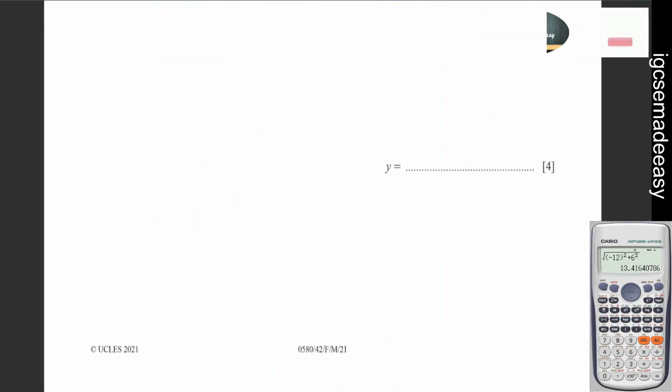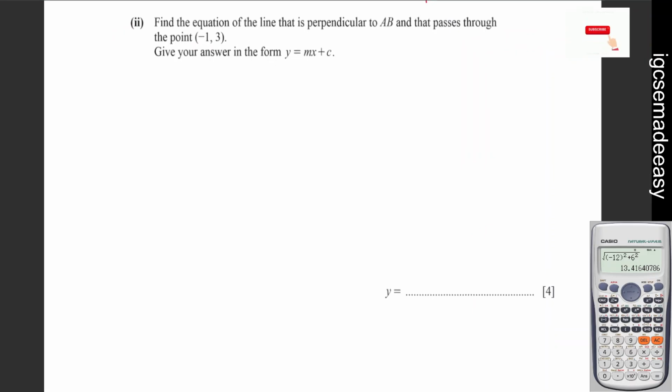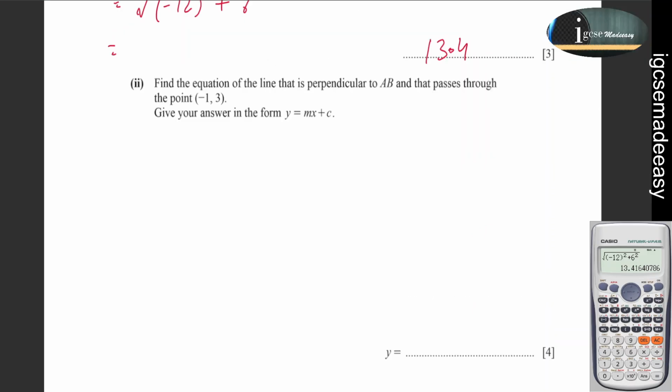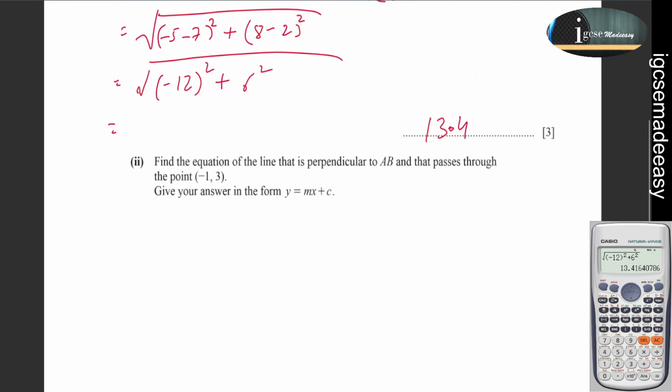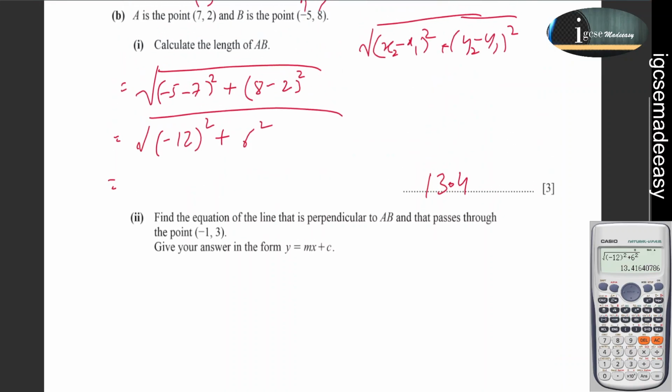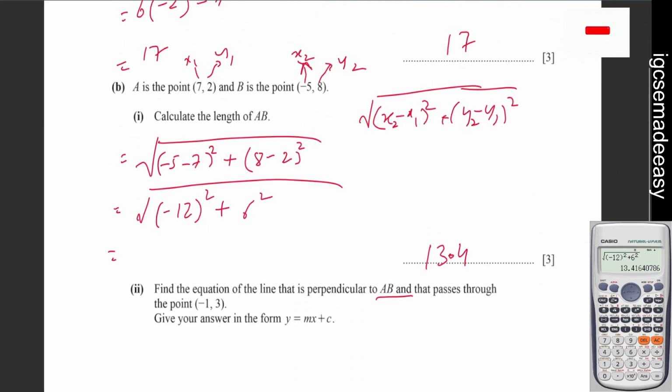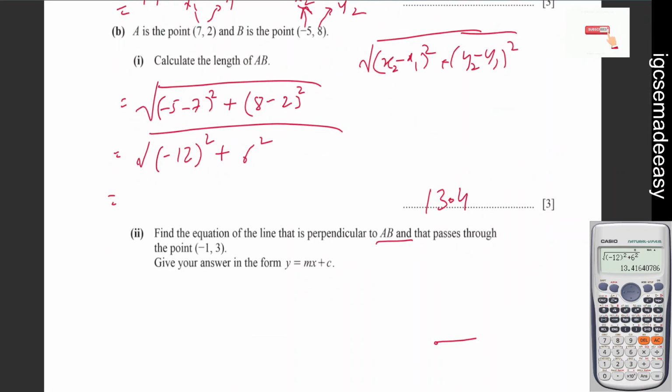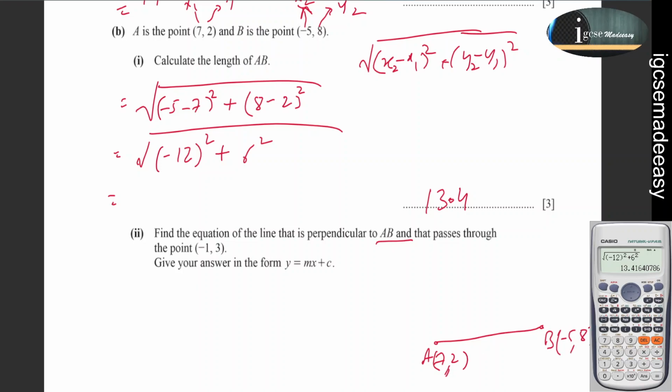So let's move on to part 2. Find the equation of the line that is perpendicular to line AB and passes through this point. So A is 7 comma 2 and B is minus 5 comma 8.